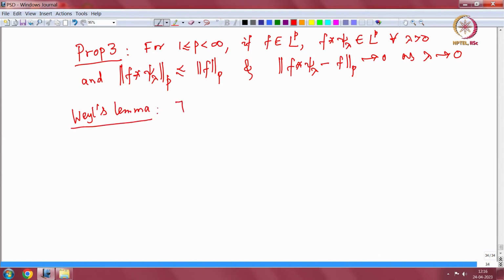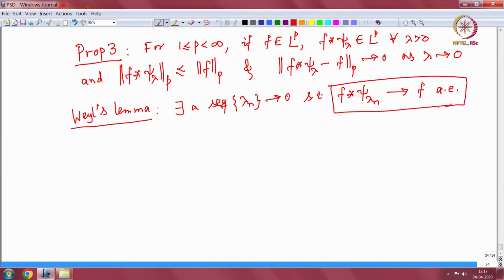So let me state that there exists a sequence lambda n of positive reals converging to 0 such that if you take these convolutions f star psi lambda n, that converges to F almost everywhere.